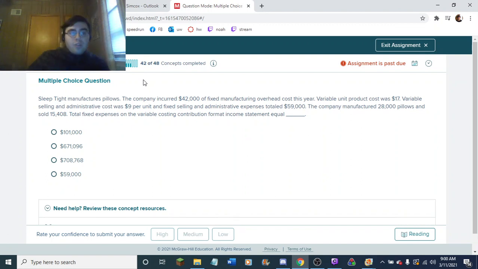Okay, so total fixed expenses is equal to... I bet it's wrong.